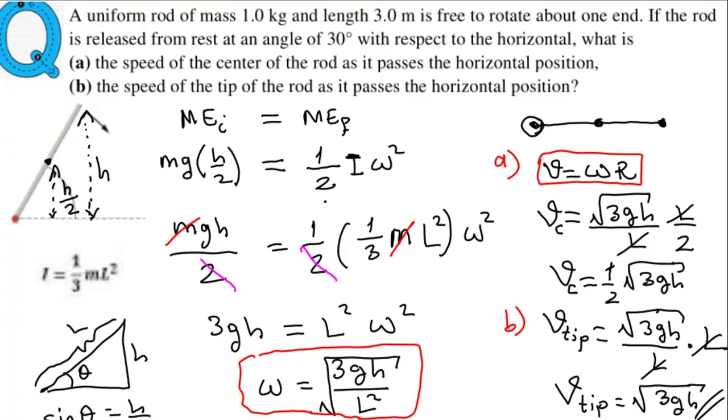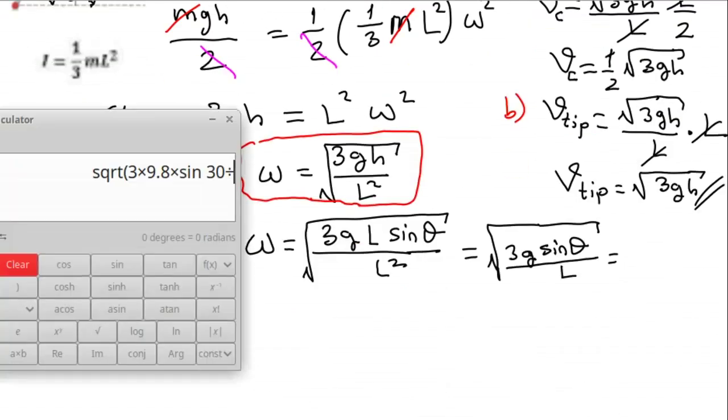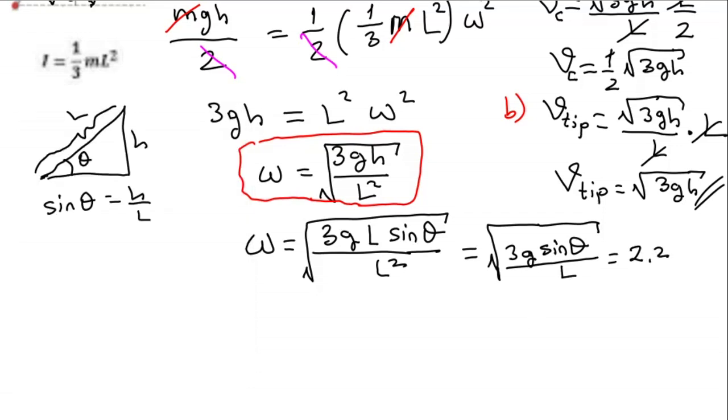The angle is 30, length is 3 meters. So that gives you 2.21 radians per second. That's omega.